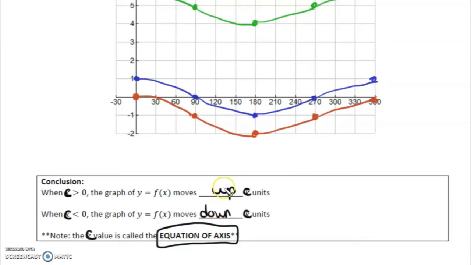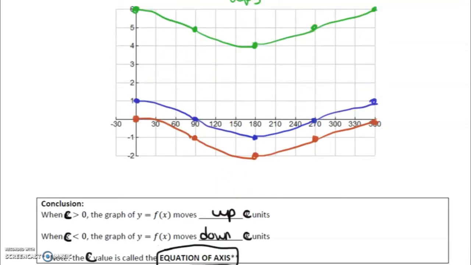In other words, taking a look up here at the graph, I'm going to do it in purple. The equation of axis for the green graph is at y equals 5. The equation of axis for the original graph is at y equals 0.